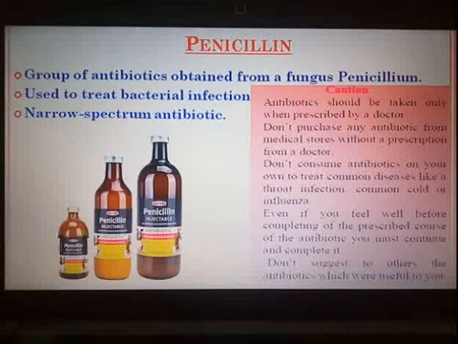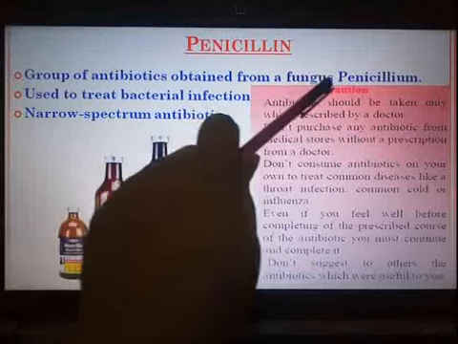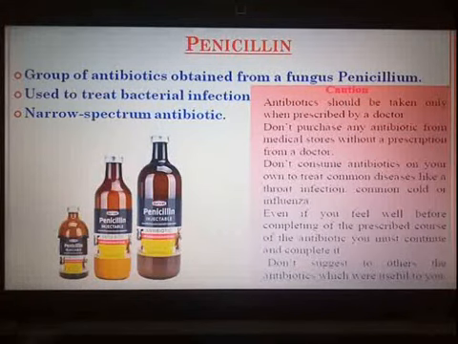Penicillin is a group of antibiotics which are obtained from a fungus, Penicillium.